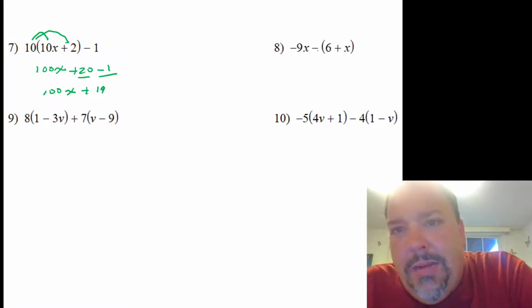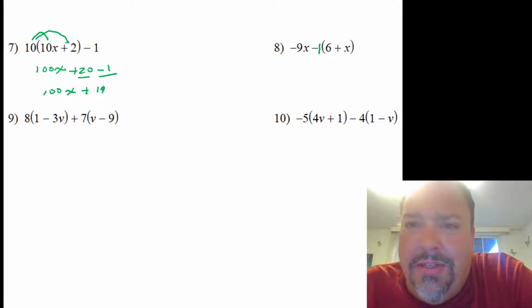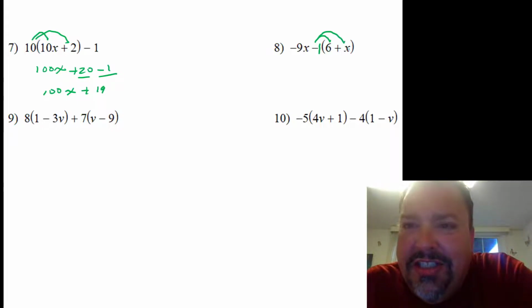Here, we got a minus sign in front of the parentheses, and when you have that, think of that like a -1 in front of the parentheses. So that -1 is going to get distributed. That negative is going to get distributed to everything else. This part here, -9x, we don't need to worry about right now. So -1 times 6 is -6, and -1 times x is -x.